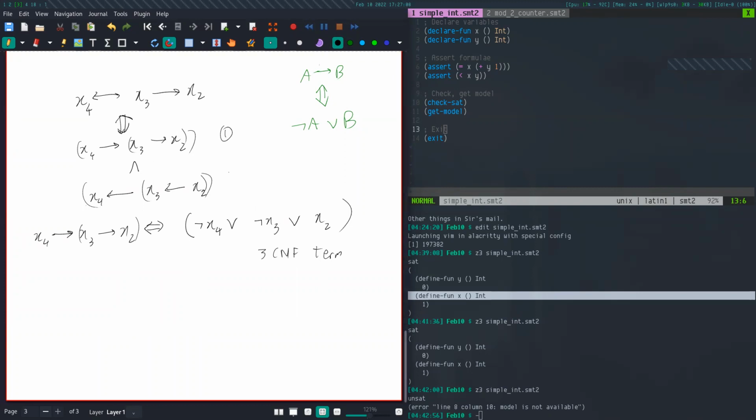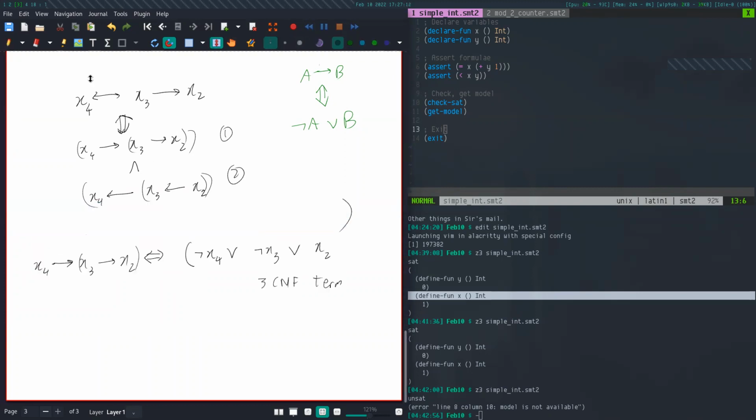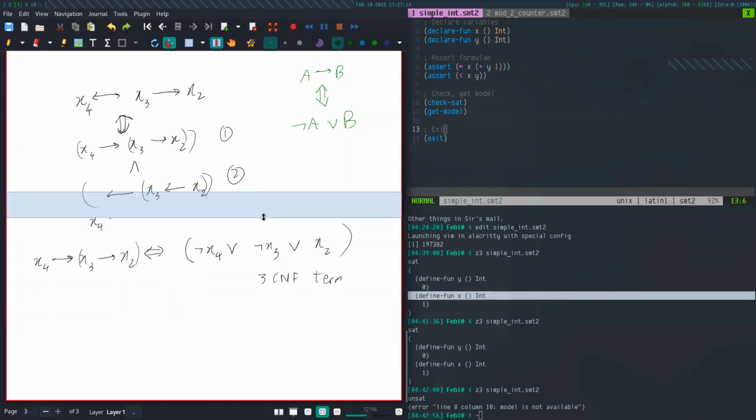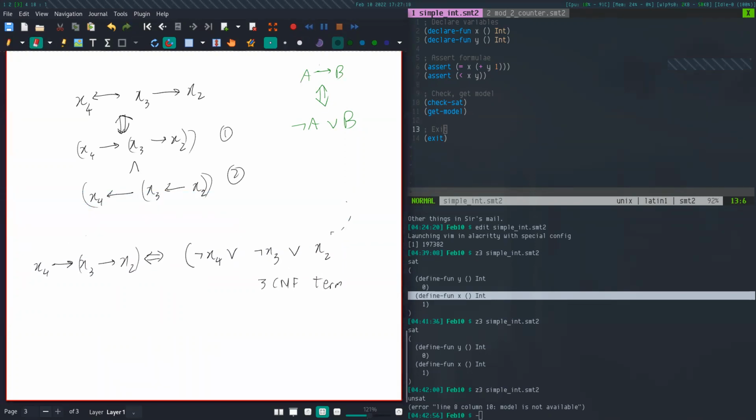So if we consider this to be 1 and 2, 1 is done. Similarly, let's do the same thing for 2. For 2, we'll have to flip everything around.